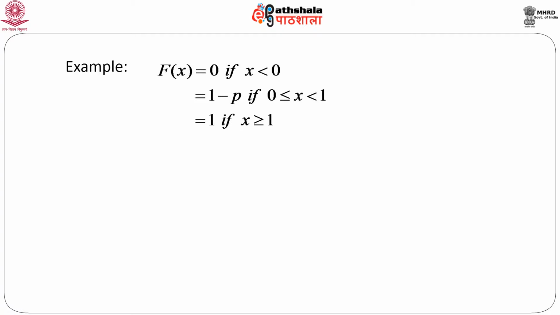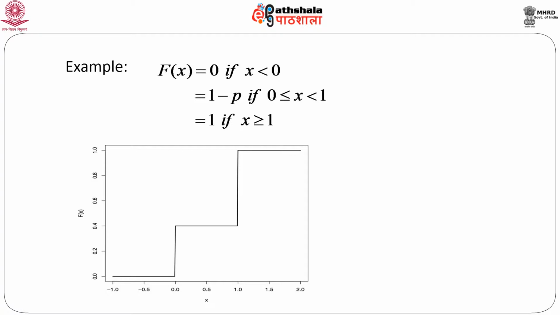Let us first look at the graph of this F(x). As long as x is less than 0, capital F(x) takes the value 0. As soon as x takes the value 0, the value becomes 1 minus p. So, there is a jump at this point. In this graph I have taken 1 minus p as 0.4.